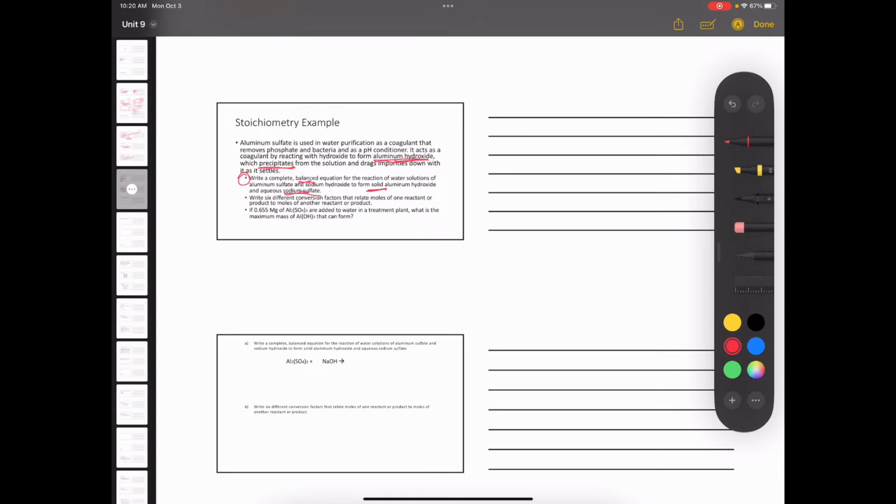And then we need to write the 6 different conversion factors. Now in the exam, I'm not going to ask you to write the 6 different conversion relationships. I'm doing this here as a learning opportunity for you to see how we can create different stoichiometric relationships. But in the exam, I'll probably ask you for just one. So we will write the 6 different conversion factors that relate moles of one reactant or product to moles of another reactant or product.